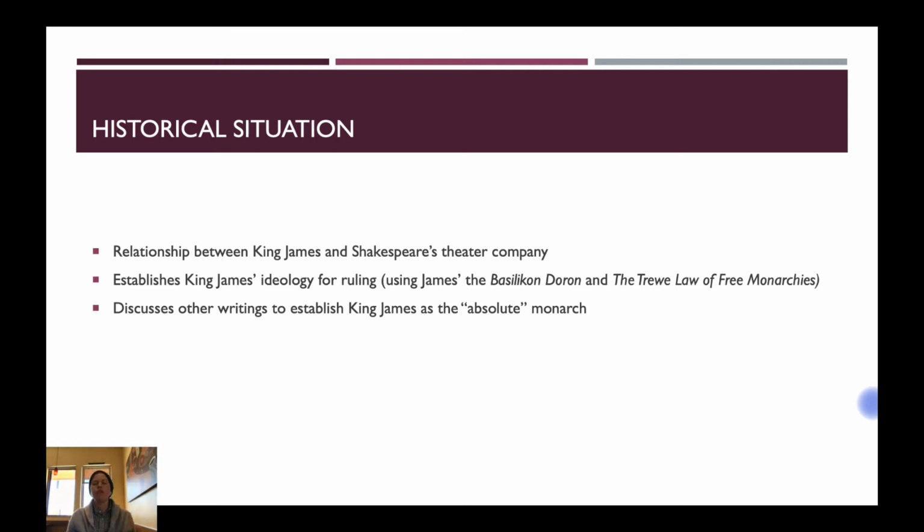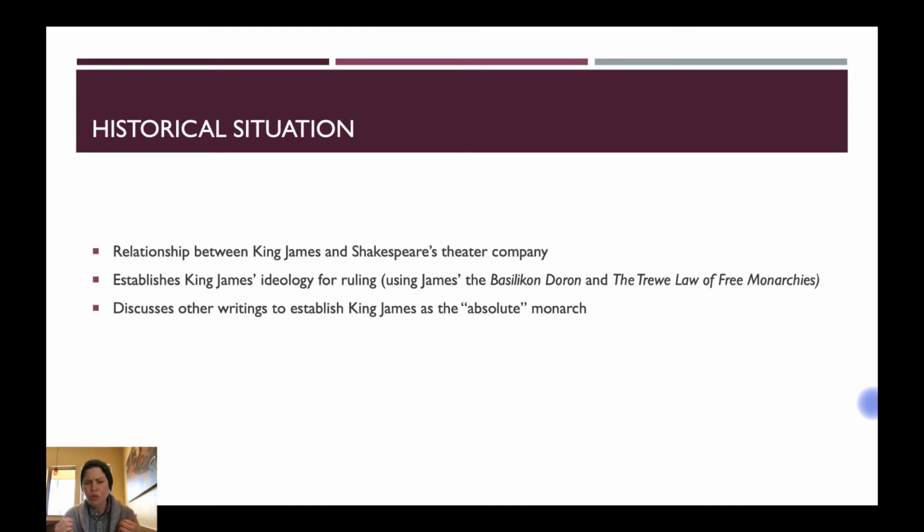Now, how does this impact the play Measure for Measure? Well, now that Shakespeare's company is called the King's Men, they're going to put these plays on for the king. They always did. They always had a royal patronage, but now it's even more obvious that they're going to be doing that.